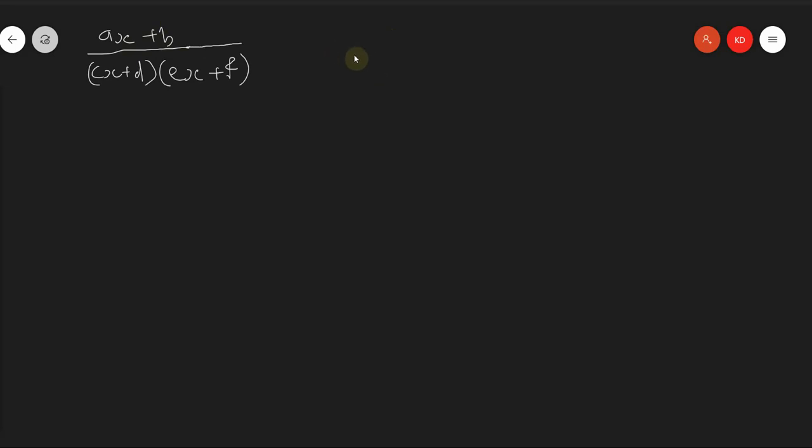Now what you need to note first is that for problems like this, the partial fractions are in this form. Good.